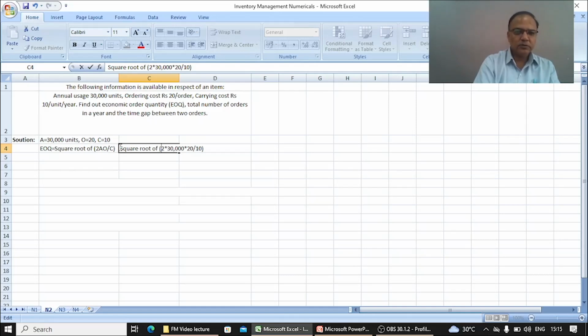It is 30,000 into 40 divided by 10, which is equal to 1,20,000.